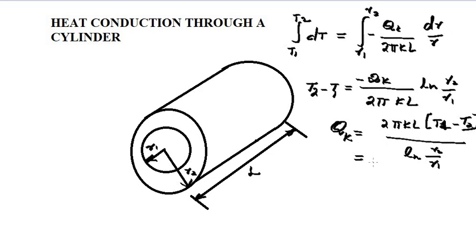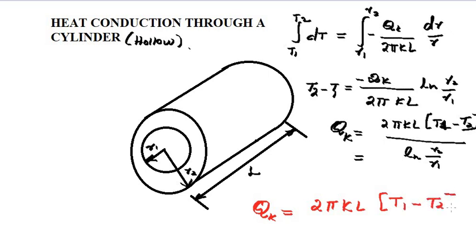So that is the rate of heat conduction through a hollow cylinder. The final equation is Qk equals 2 pi kL (T1 minus T2) divided by ln of R2 divided by R1 for heat conduction through a hollow cylinder.